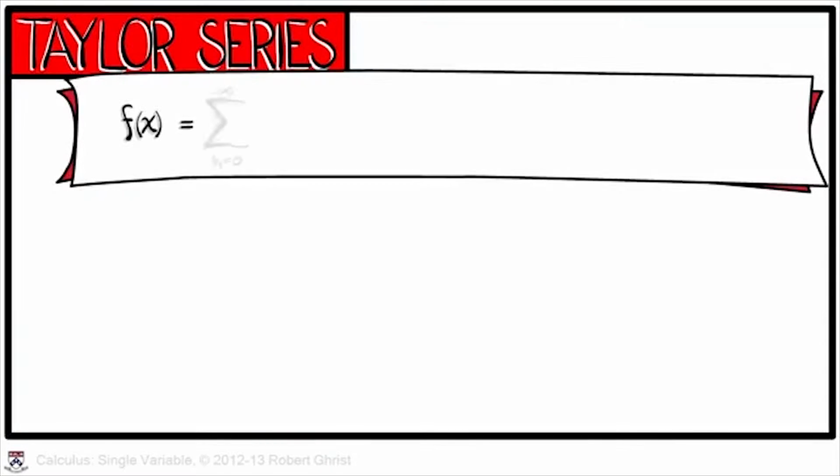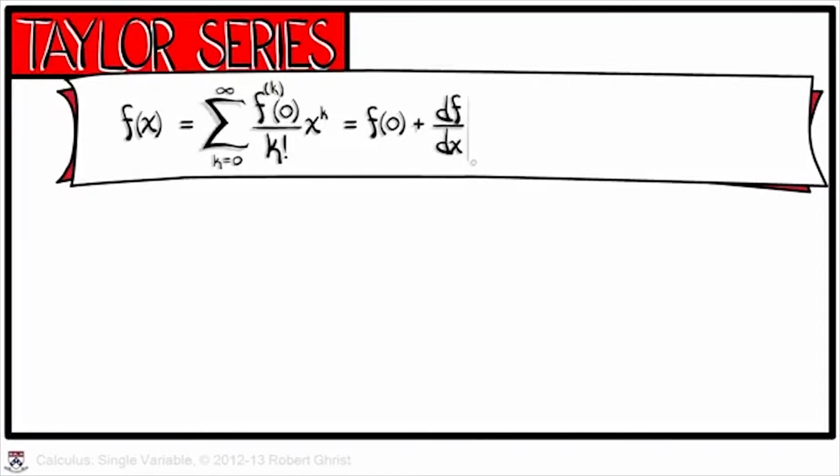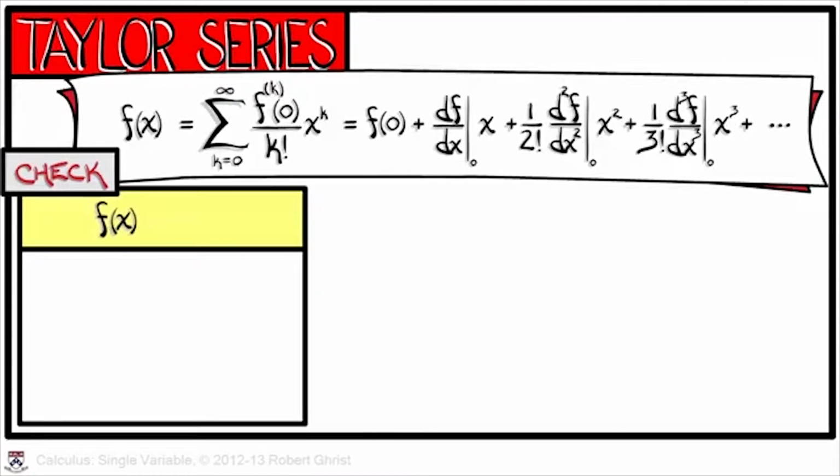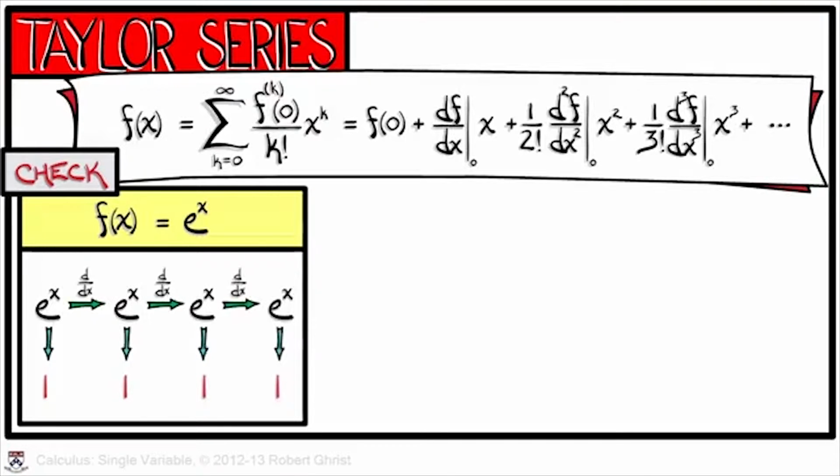Let's see how this plays out in an example that we already know. Starting with our definition of the Taylor series, let's apply it to the function e to the x. In order to compute this, we're going to need to know the derivatives of e to the x, and we're going to have to evaluate them at x equals 0.